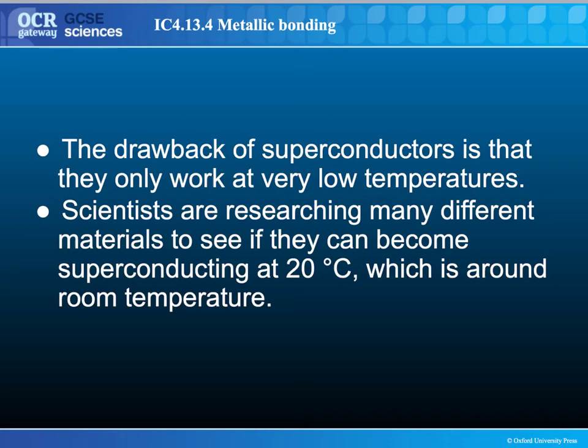One of the holy grails for scientists working in this area, research scientists, is to try and find materials that become superconducting at room temperature. That would mean that the benefits of using them outweighed the energy demands from creating the liquid nitrogen and liquid helium that are needed and used currently to cool them down.